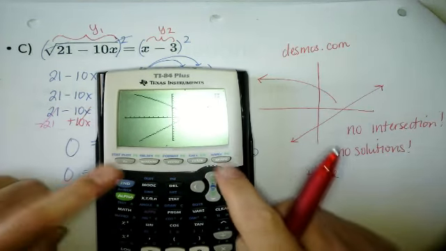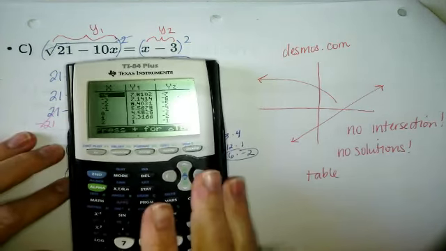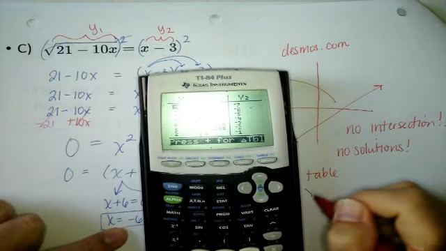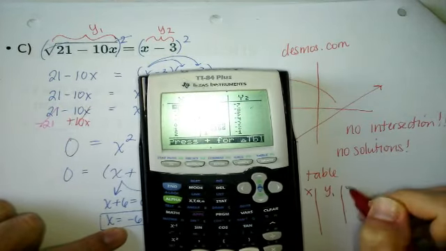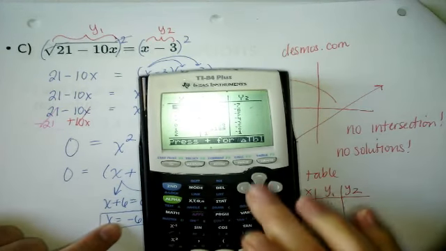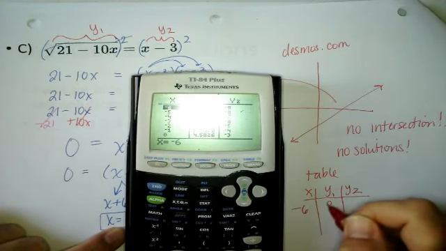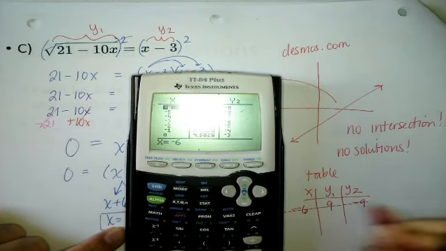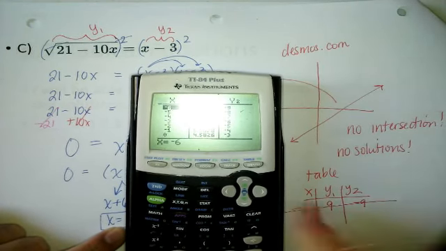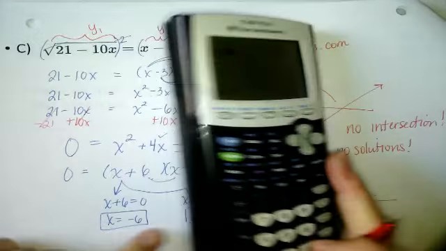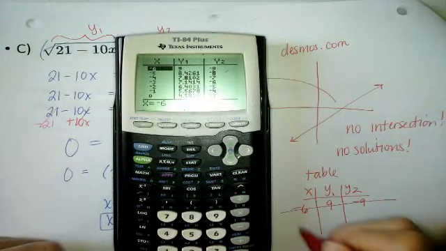So I'm going to go second table. And we thought we had some solutions. We have x, and we have y1, and we have y2. So let's go back to our negative 6. Negative 6, we have a 9 and a negative 9. Those are not a common ordered pair. Our other solution was positive 2.